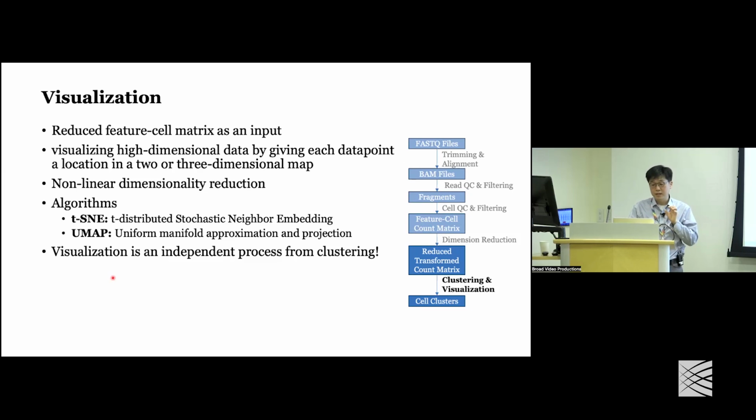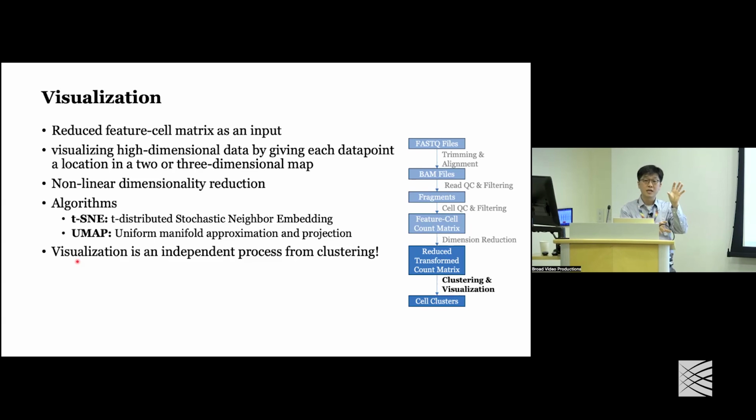The input data is the reduced and transformed count matrix that I described, which goes into either the t-SNE or the UMAP algorithm that will spit out the coordinates in two-dimensional or three-dimensional space. One thing I'd like to note here is that the clustering algorithm has nothing to do with the visualization.